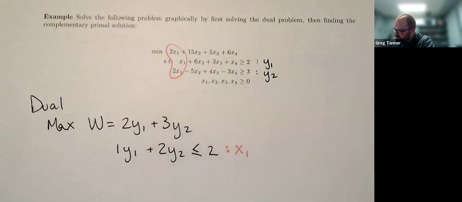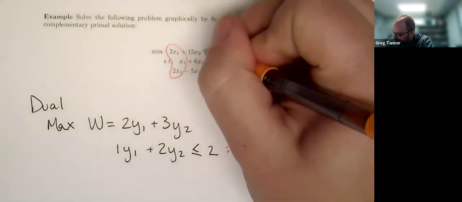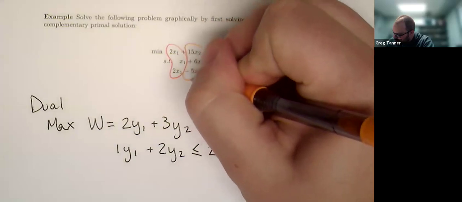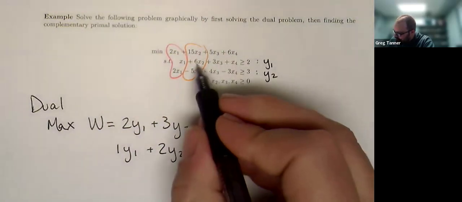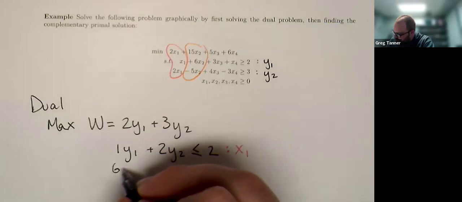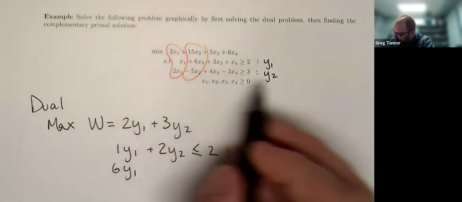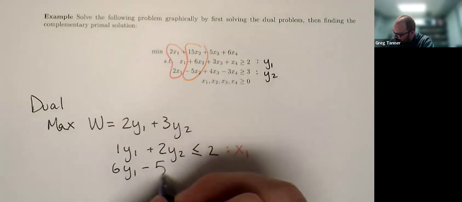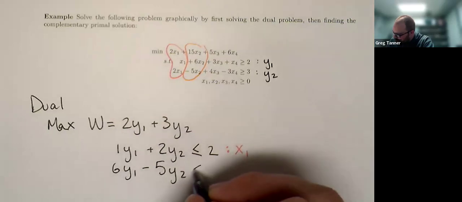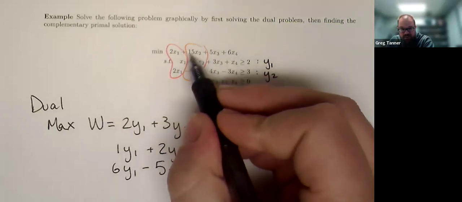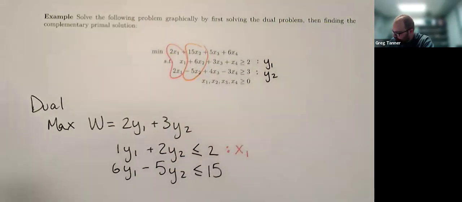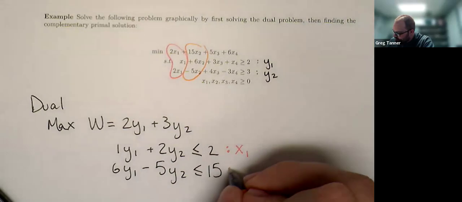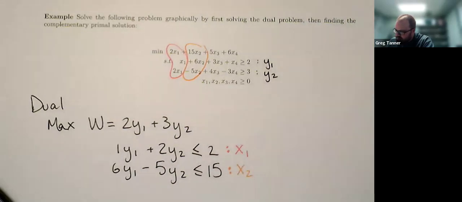Okay, and that's the X1 constraint. Now let's do the same thing with X2, and we'll circle the column that has all the X2 values in it. I'll read off that there's 6 in the Y1 row and -5 in the Y2 row is less than or equal to 15, which is in the old objective row, and that becomes the new right-hand side. And so that is the X2 constraint.